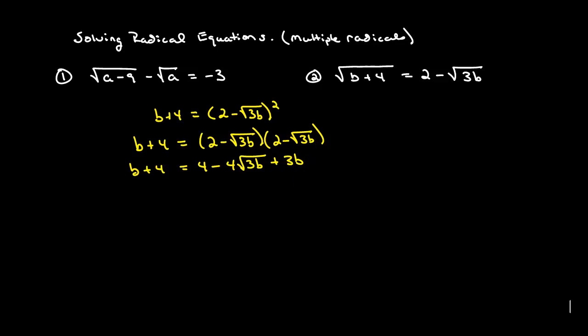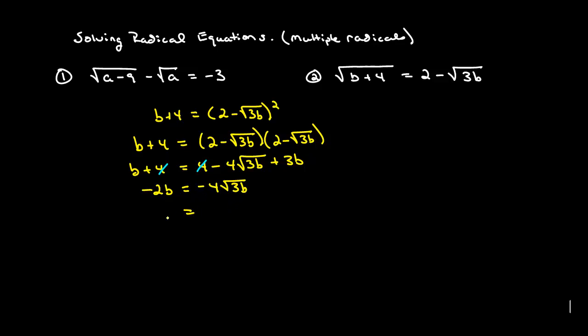Now we'll move everything except for the radical onto the other side. So we can get rid of the 4 on both sides. We can subtract 3b from both sides. So this will give me negative 2b is equal to negative 4 square roots of 3b.